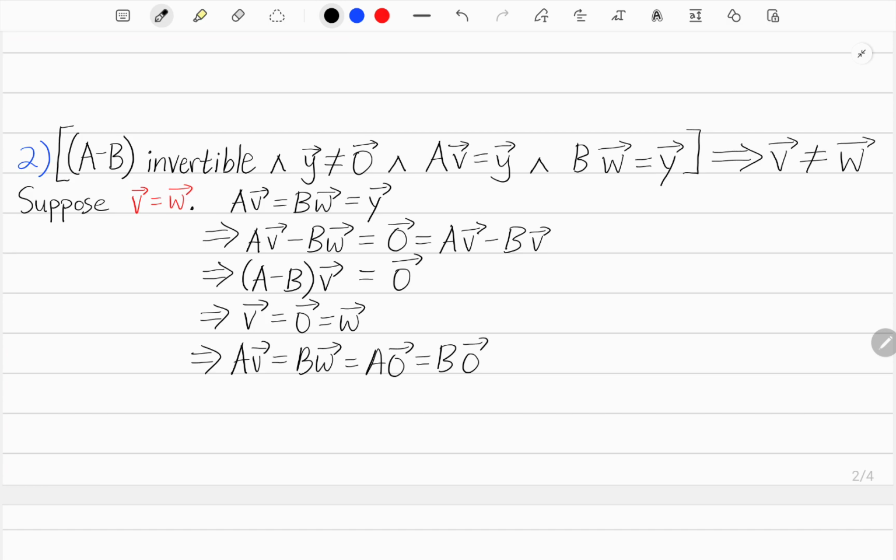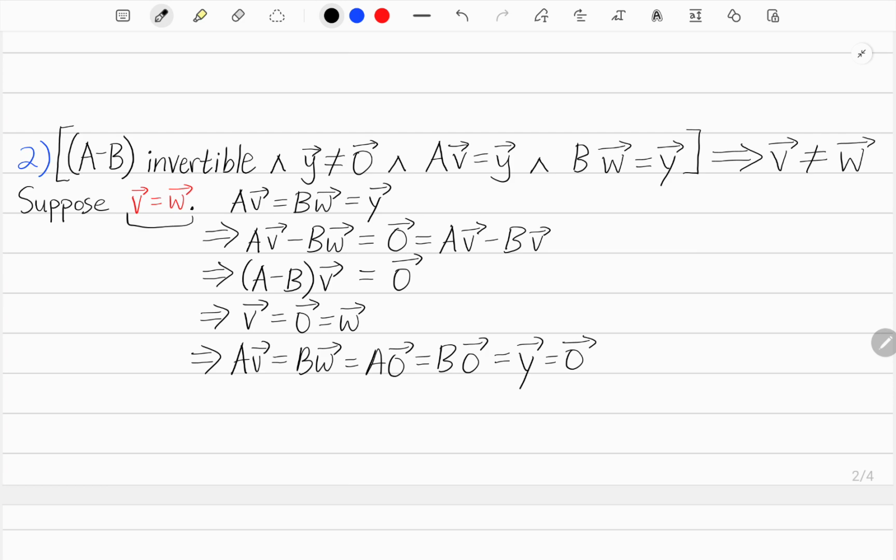But A times 0, B times 0, that gives you 0, which equals Y, which equals 0. Uh-oh. That's not good, because the question stated that Y is a non-zero column vector.